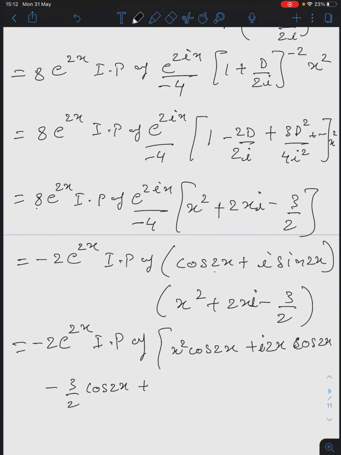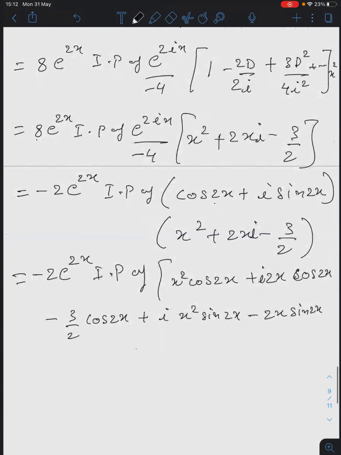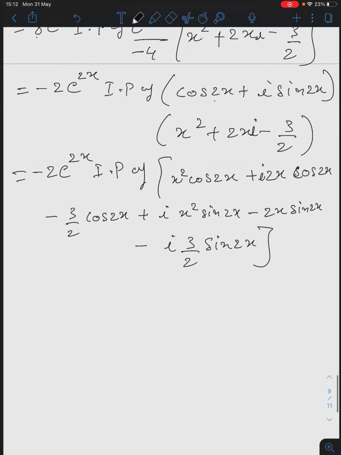Then next you will get i x square sin 2x. Then 2x sin 2x, i square you will get. i square means minus 1. So minus you will get. Then again minus i 3 by 2 sin 2x. Now tell me, out of all of these 6 terms, what is the imaginary part?